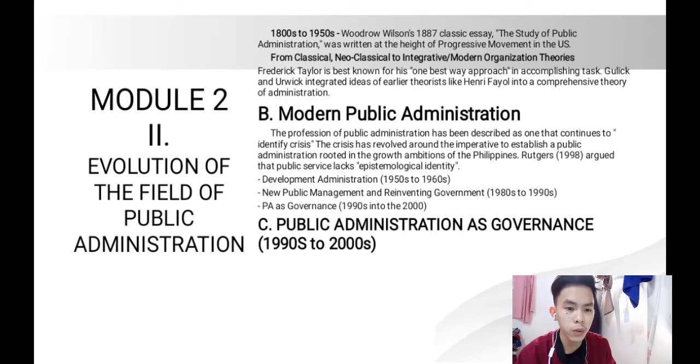Re-engineering offers an approach for improving the performance, effectiveness, and efficiency of organizations. The tenets of re-engineering include the following: re-engineering is a fundamental rethinking and radical redesigning of the business process. Public administration as governance, in the 1990s to 2000.